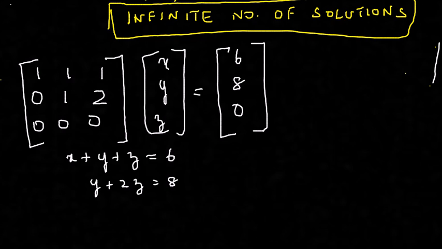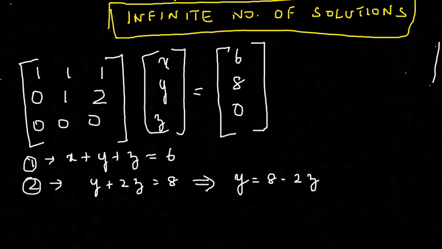So from the second equation, can I say that y is equal to 8 minus 2z? I'll mark this as the first equation and this as the second equation. So from the first equation, I can say that x is equal to 6 minus z minus y.